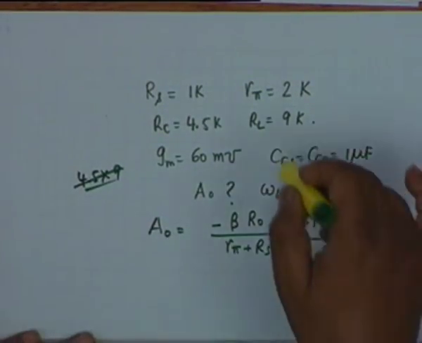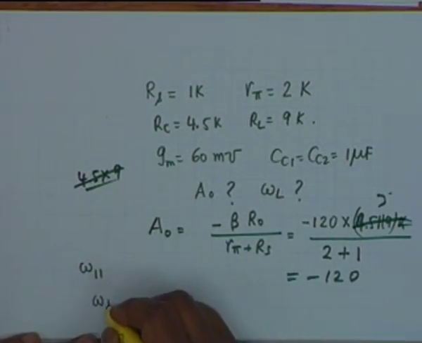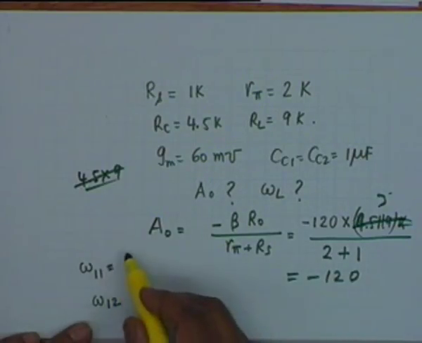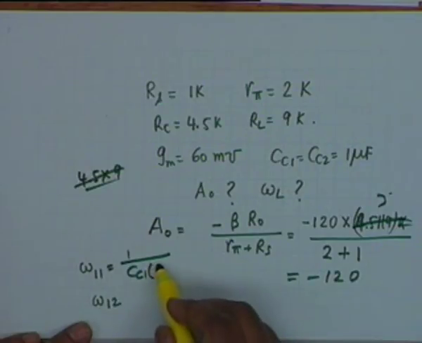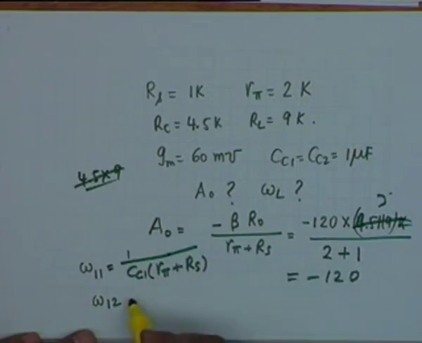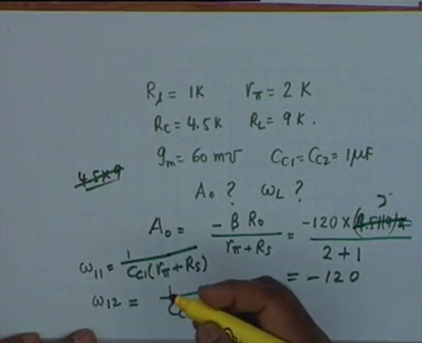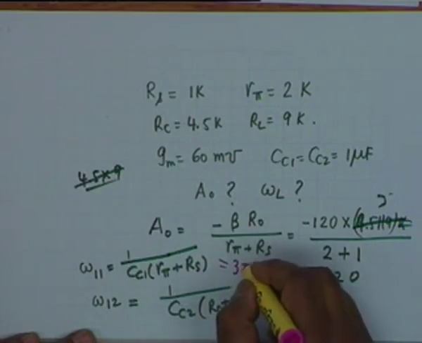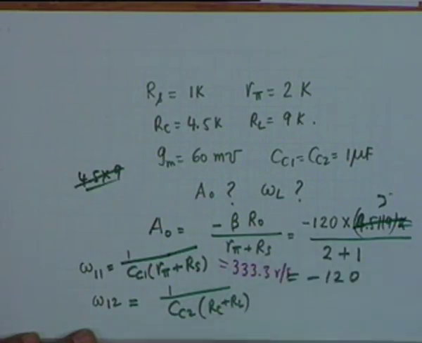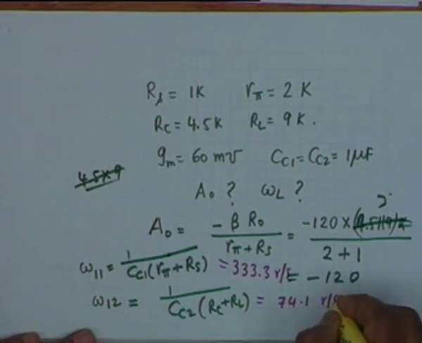Then with the given CC1 and CC2, calculate omega 11 and omega 12. Omega 11, as you know, is 1 over CC1 times R pi plus Rs, and omega 12 you calculate as 1 over CC2 times Rc plus RL, and doing this calculation one finds that omega 11 comes as 333.3 radians per second, and omega 12 comes at 74.1 radians per second.